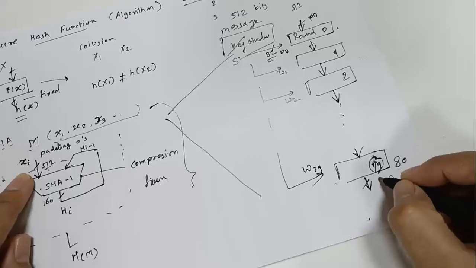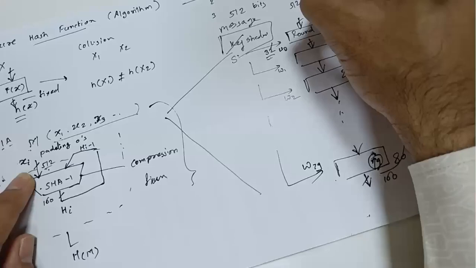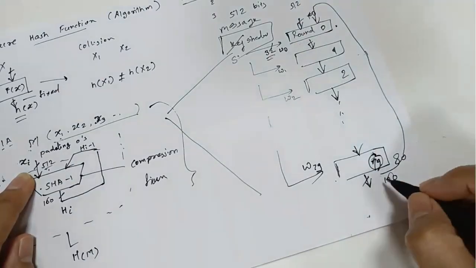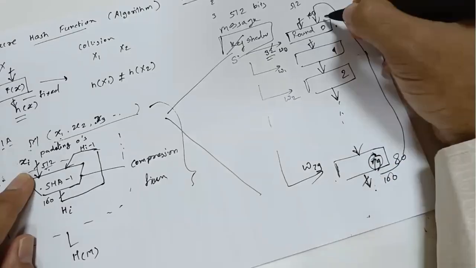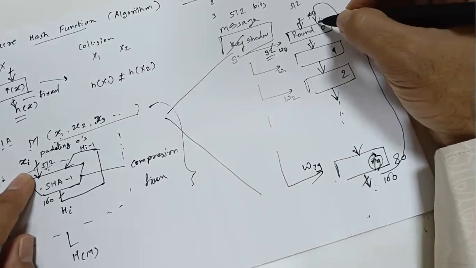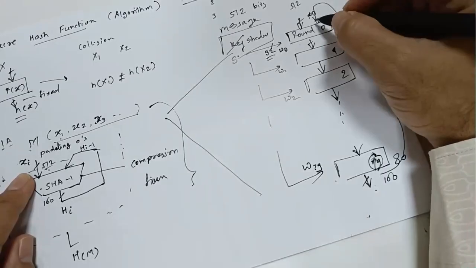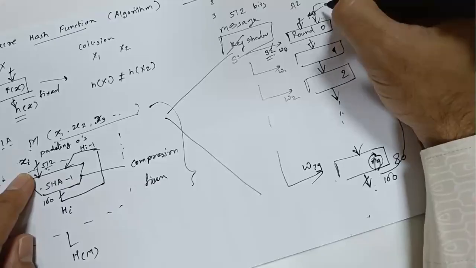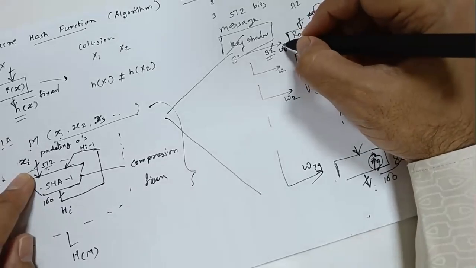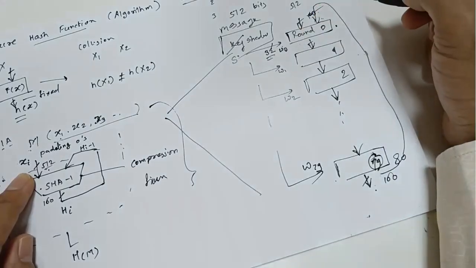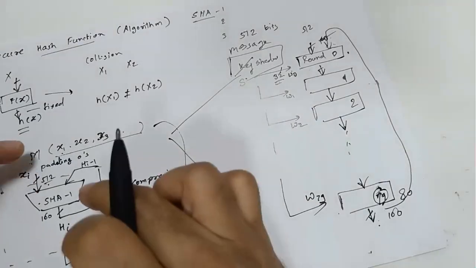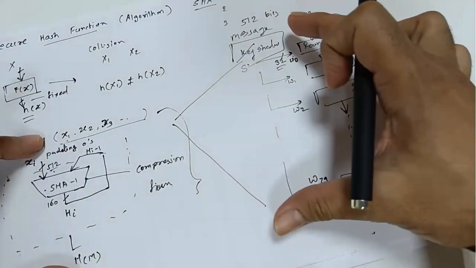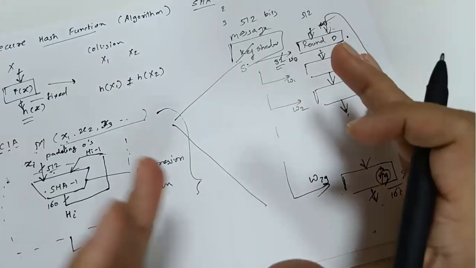The previous round's output is going into round 0 as another input. So this is one 160-bit input, and the second input is the 32-bit word.